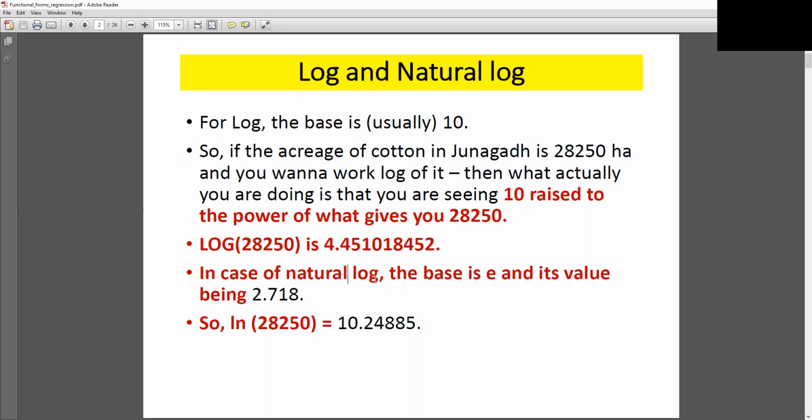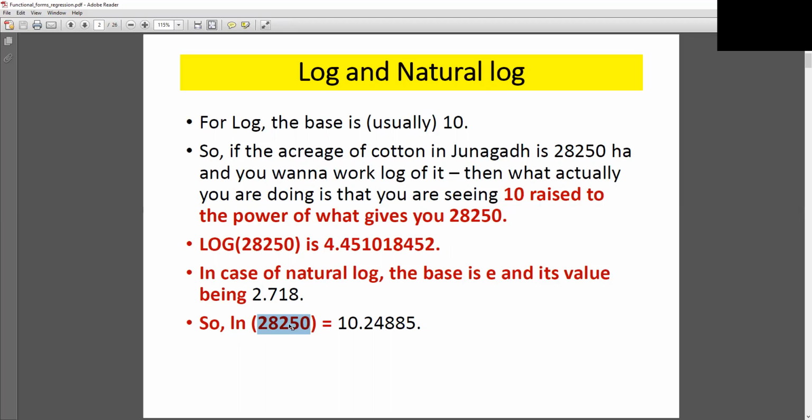But if the base is not 10, if the base is E, this is called natural log. Here the log base is 10. In case of natural log, the log base is E. Okay. So what is the value of E? It is 2.718. So if I'm taking natural log of 28,250, it means what? E raised to the power of what gives you 28,250.